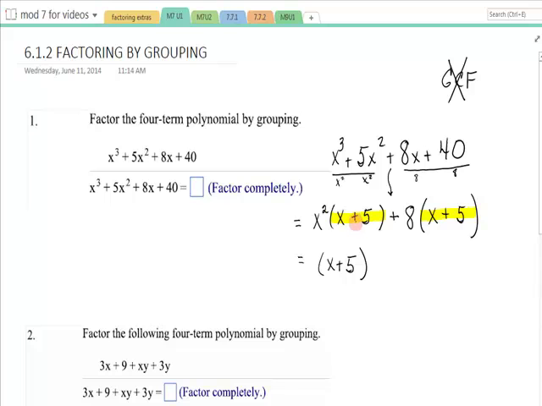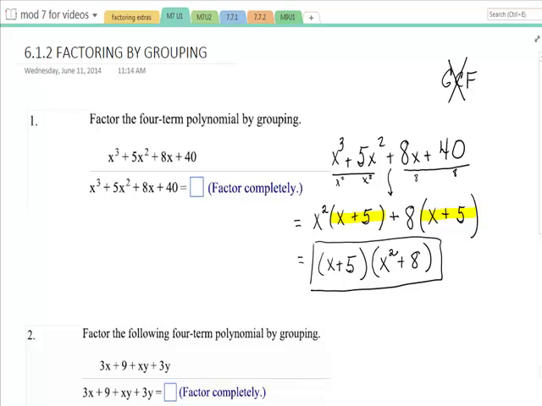And if you took it and yanked it out of there, what would be the leftover factor? Well, x squared would be left over here. What would be left over here if you yanked the x plus 5 out? Plus 8 would be left over here, and you're done. You have factored that by grouping.